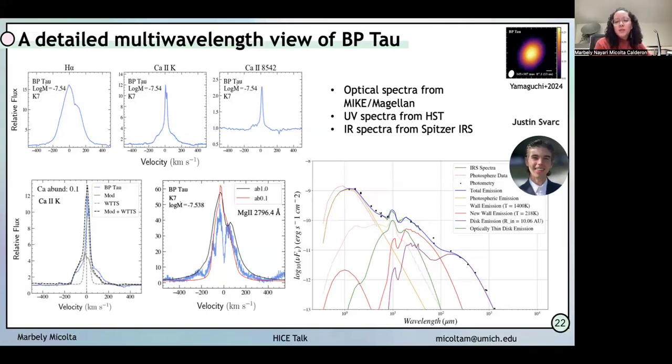The goal is to put together this whole multi-wavelength view of the abundances of the rocky material to pinpoint the different processes that might be happening in the inner parts of the disk, which is also the location where most of the planets that we know of so far are, although that's completely biased by detection methods. But again, it's a very important population to try to explain.